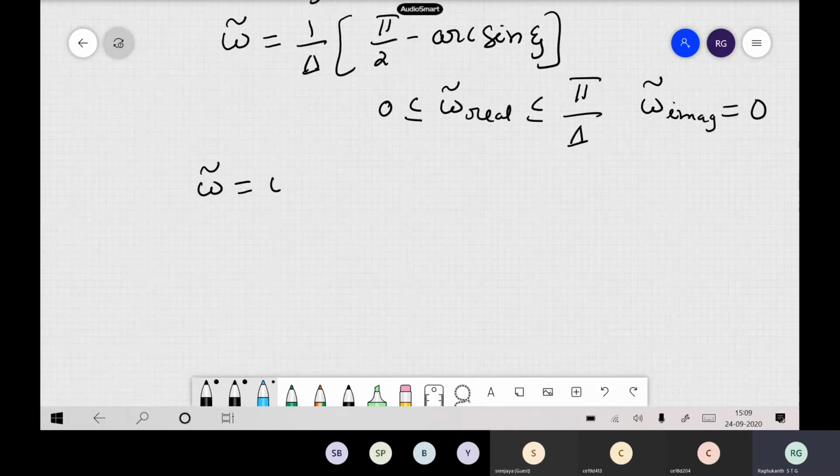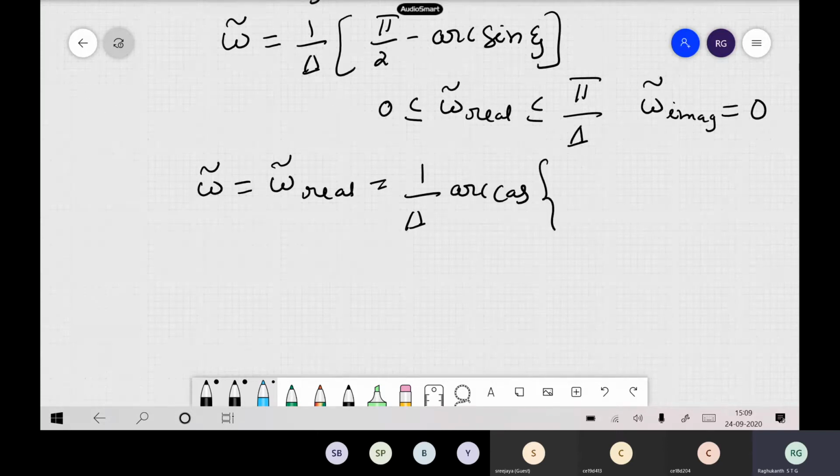So omega hat is going to be omega real, only the real portion will be there. This can be written as 1 by delta arc cos.